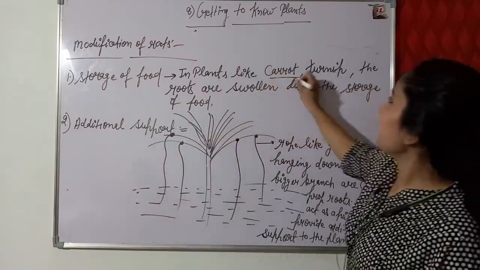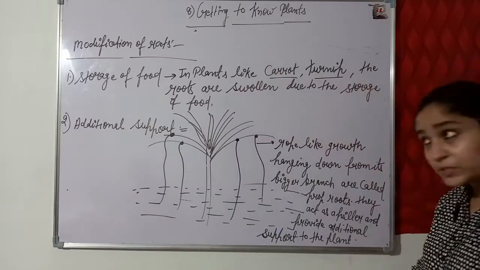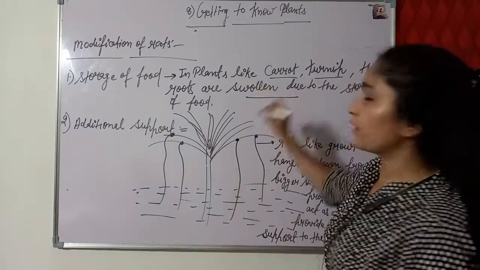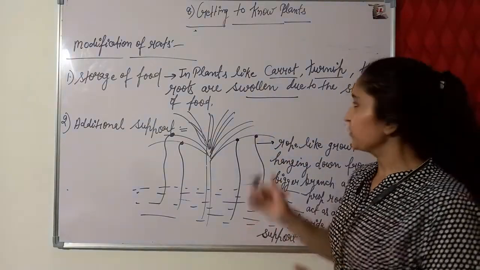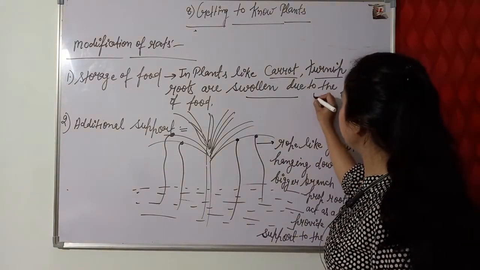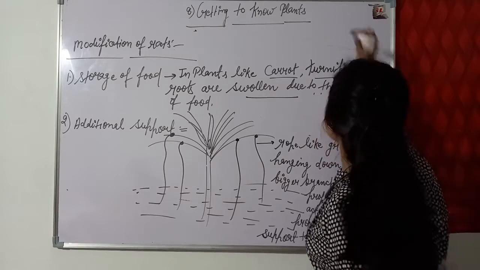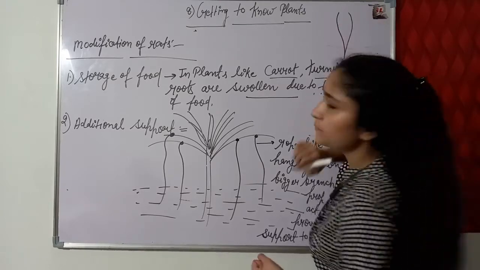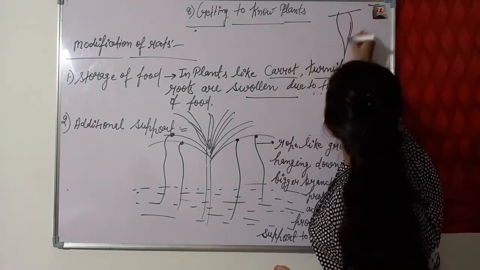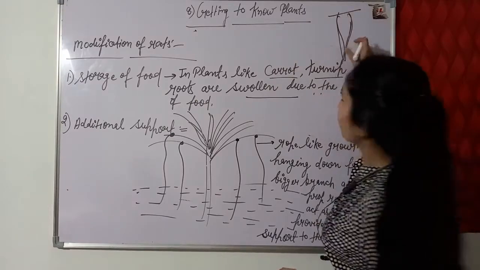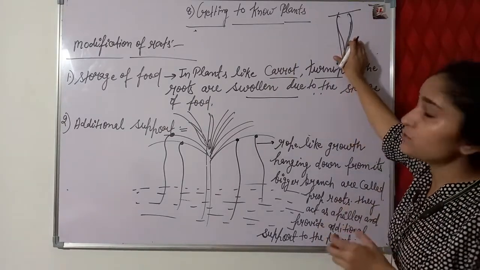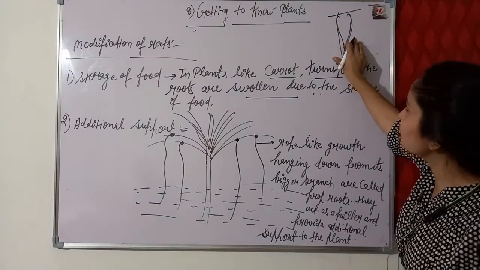In plants like carrot and turnip, the roots are swollen. Such as this is a carrot, this is the root of the carrot plant, and these roots are swollen. Why are these roots swollen? Because of the storage of food.